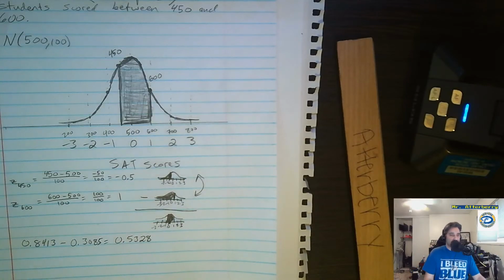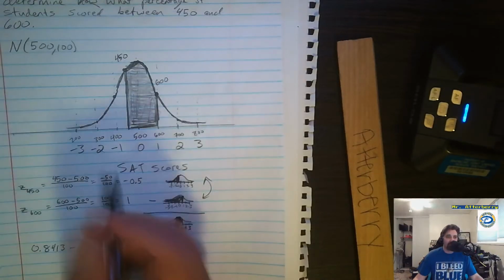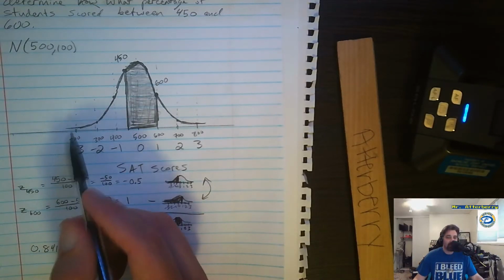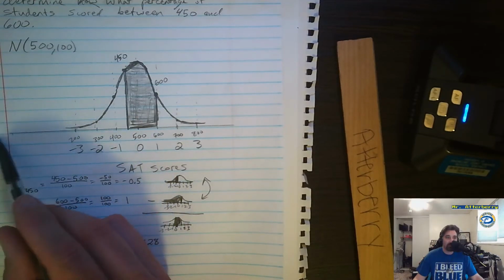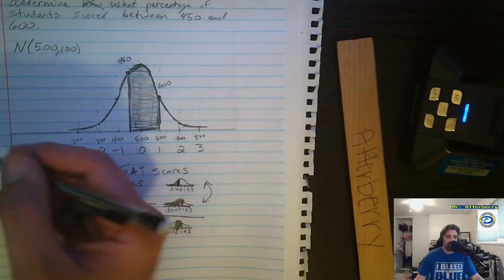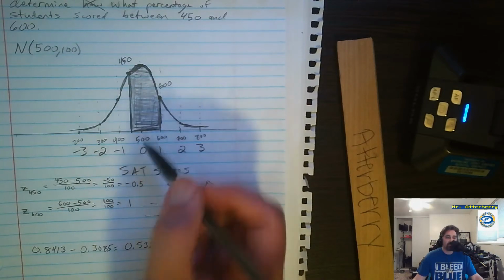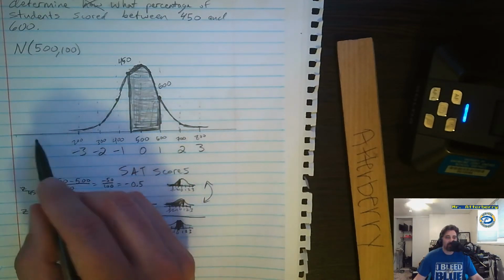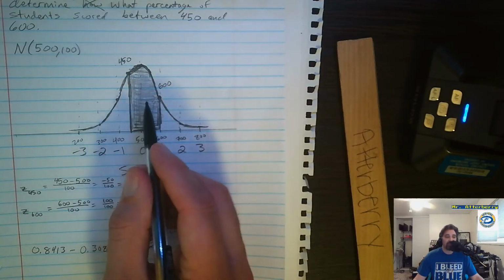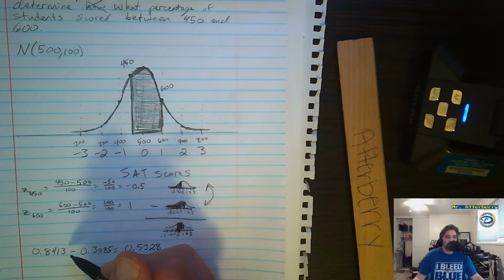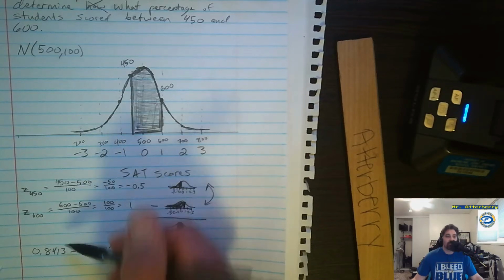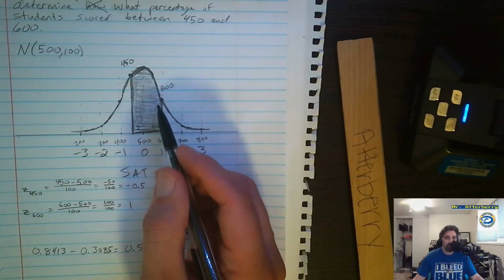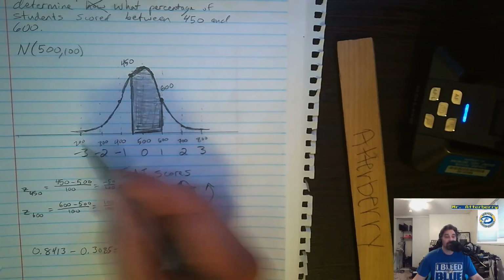So one more time. I found the area using the z-table from negative infinity essentially all the way up to the z-score of 1. So from all these SAT scores to here, that represents 84%, or 0.84 as a ratio. About 84% of your scores should be less than 600.